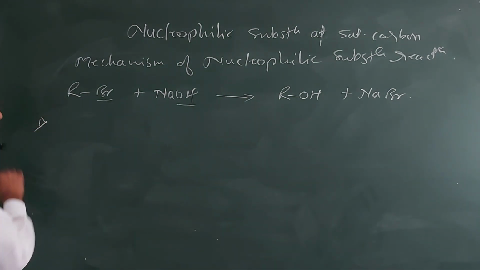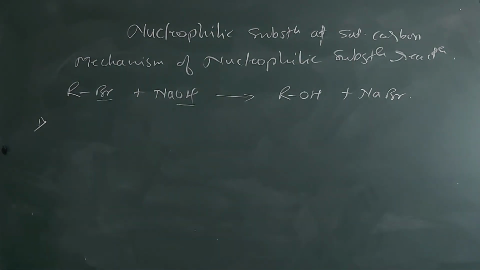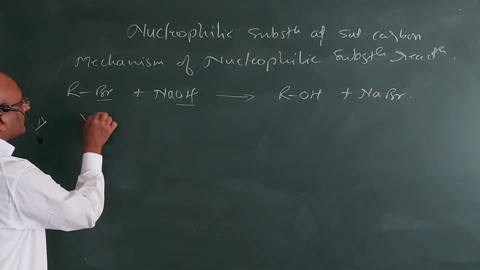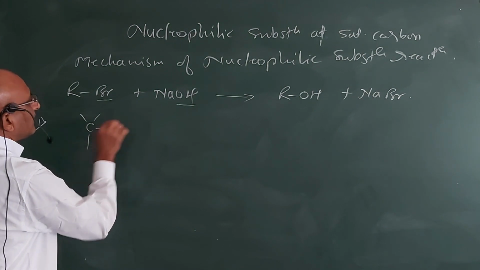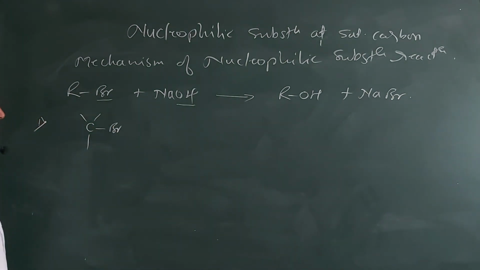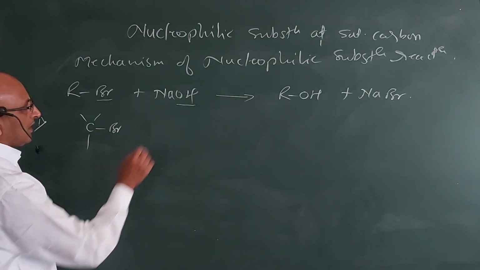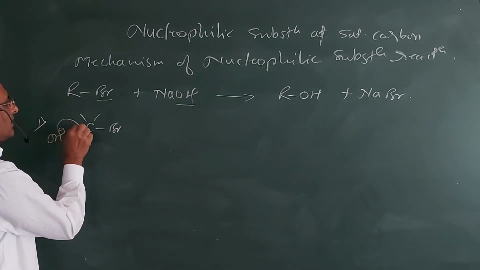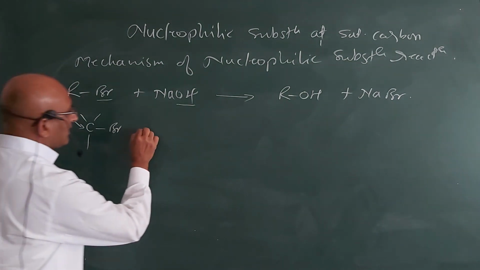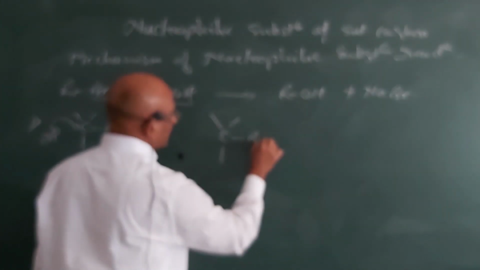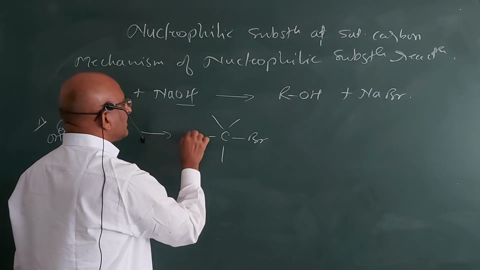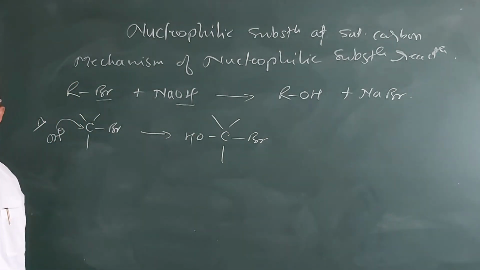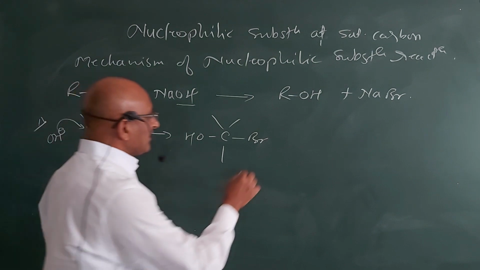So here in the first path, this is the substrate containing a leaving group, and the nucleophile attacks from the backside, and you get the formation of an intermediate which contains five bonds.